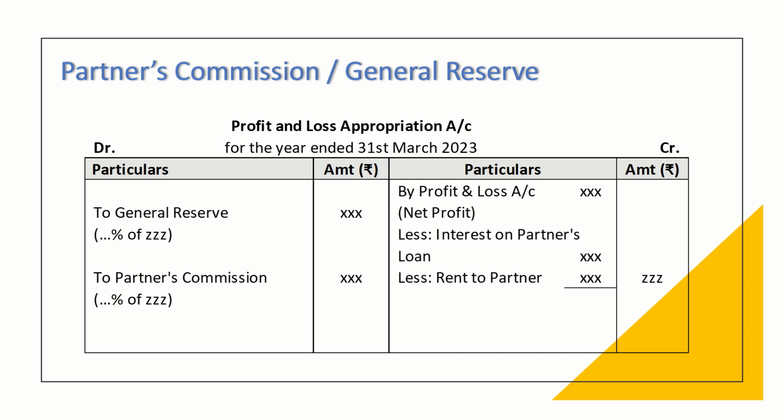Here you will subtract on the credit side interest on partner's loan and rent to partner, and add the interest on loan to partner, then arrive at the correct net profit, which is shown by triple Z here. Then on the debit side, when you're calculating general reserve, whatever percentage you are applying should be calculated on the final correct net profit that you arrive at. Same for partner's commission as well. Clear?